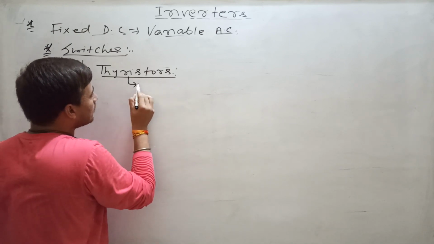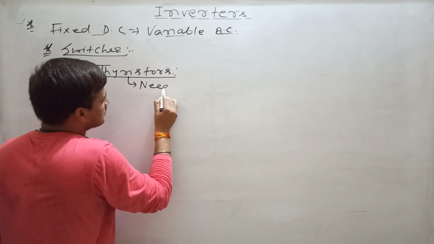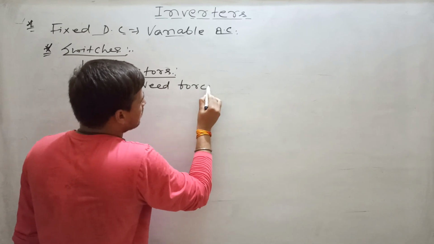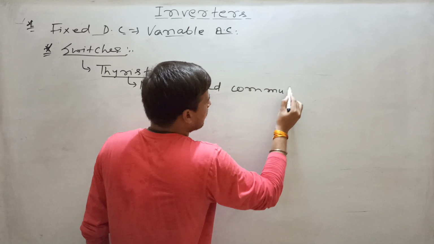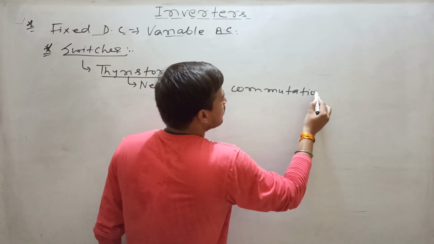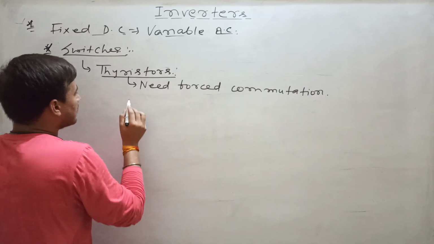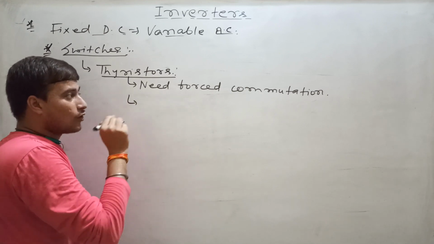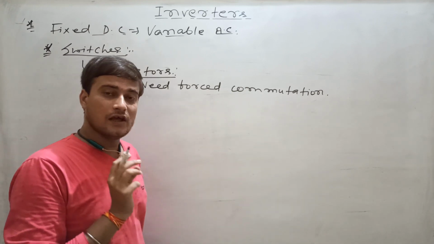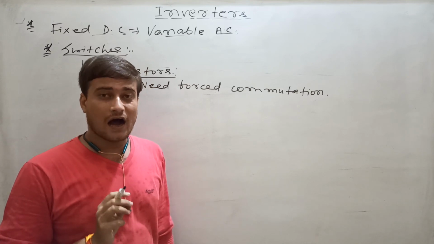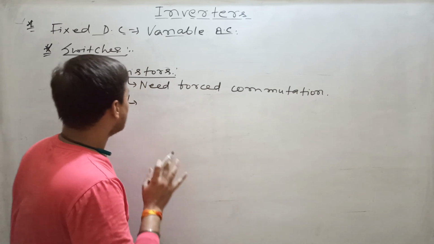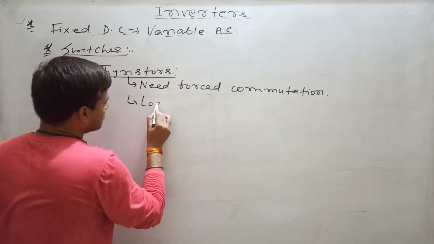That means here you need forced commutation. Clear? Second, load commutation is also possible if load is underdamped. If load is RLC underdamped, then load commutation is also possible.